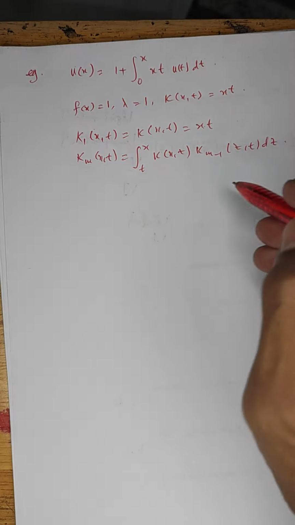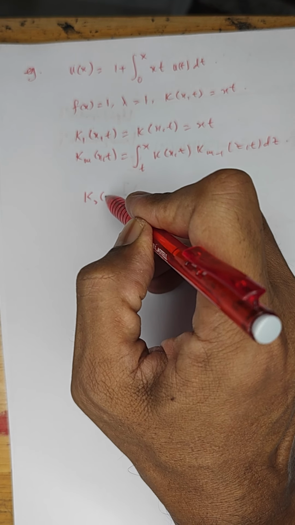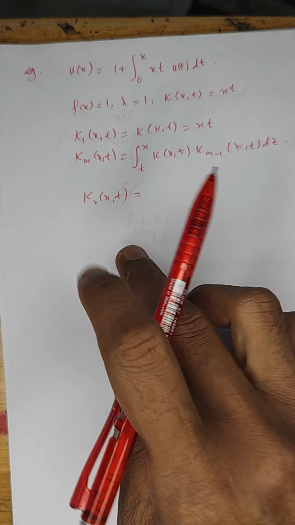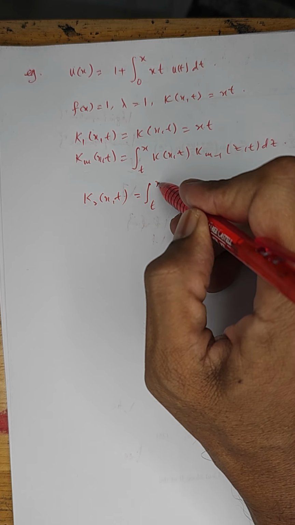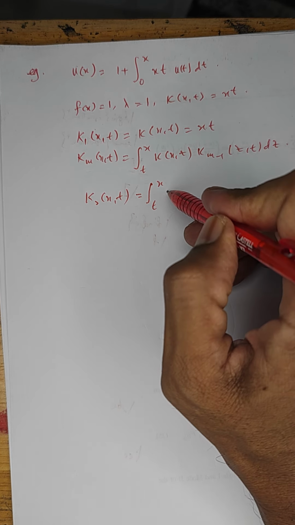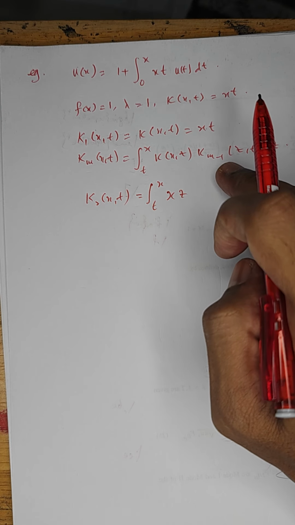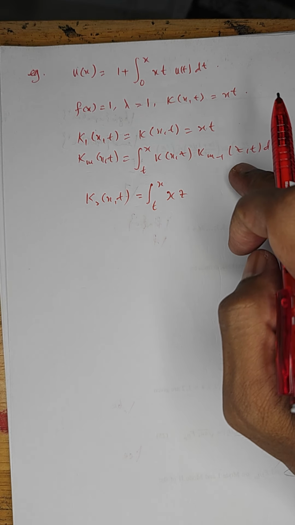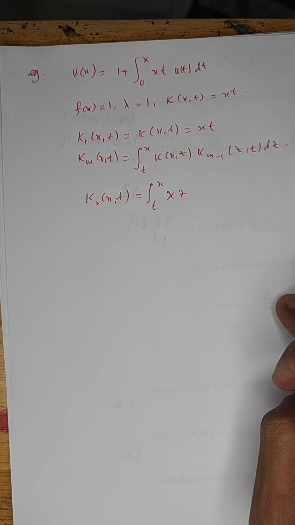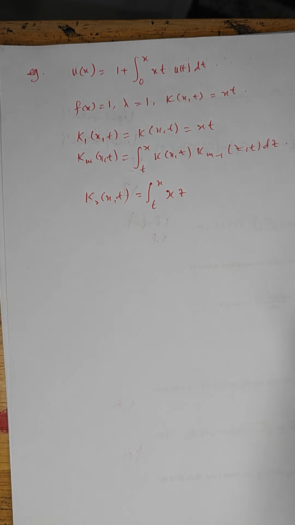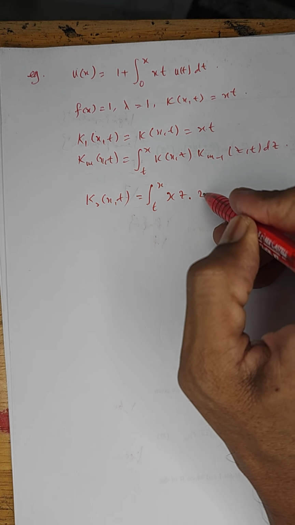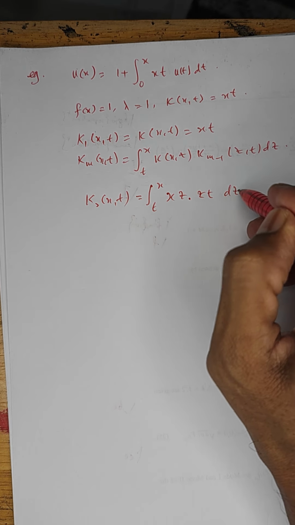So we find K2(x,t), which is the integral from t to x of K(x,z), that gives xz, times K1(z,t), which is zt, dz.